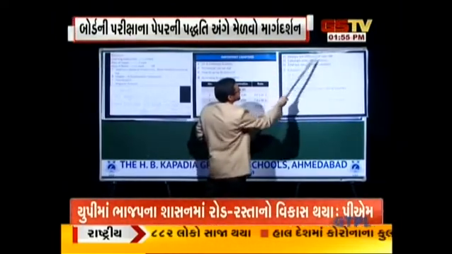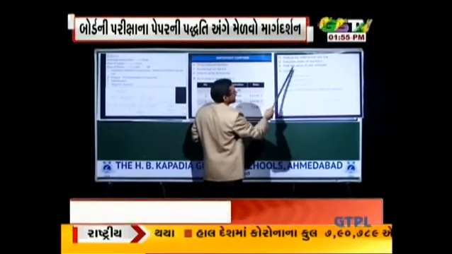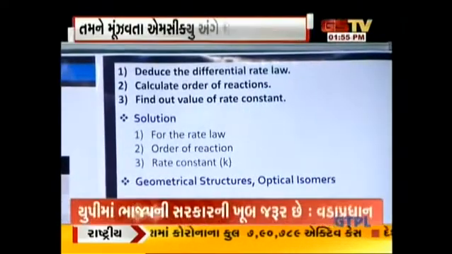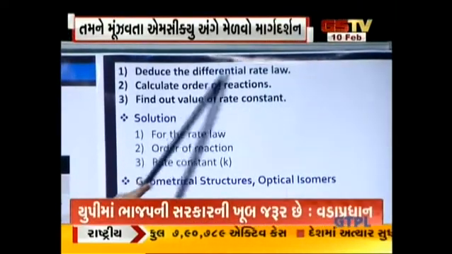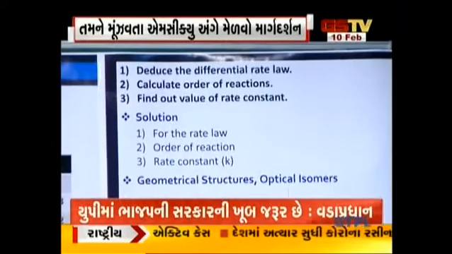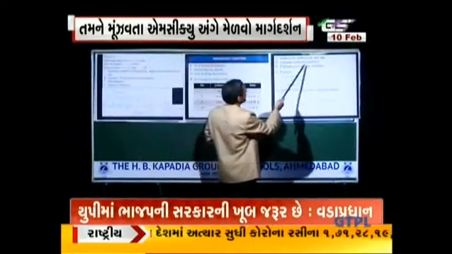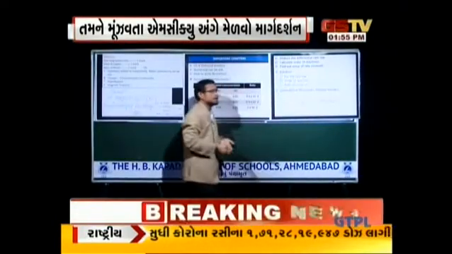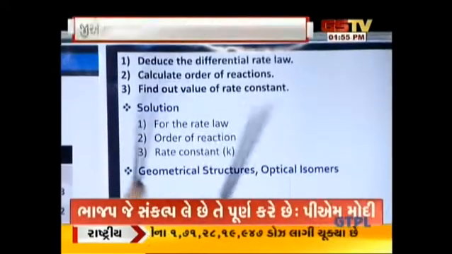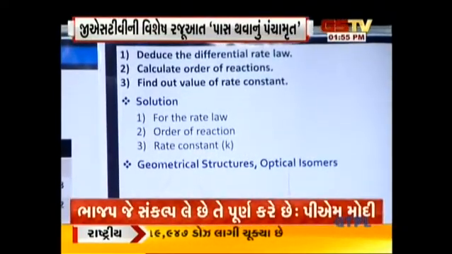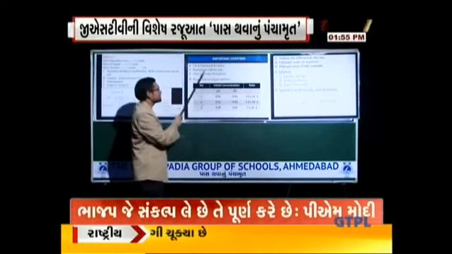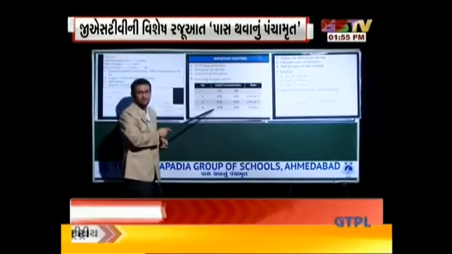Deduce the differential rate law, calculate the order of reaction, find out the value of rate constant. For the differential rate law you will get 1 mark, for calculating the order of reaction you will get 2 marks, and for finding the value of rate constant you will get 1 mark. So this kind of question can be asked in the 4 marker question.